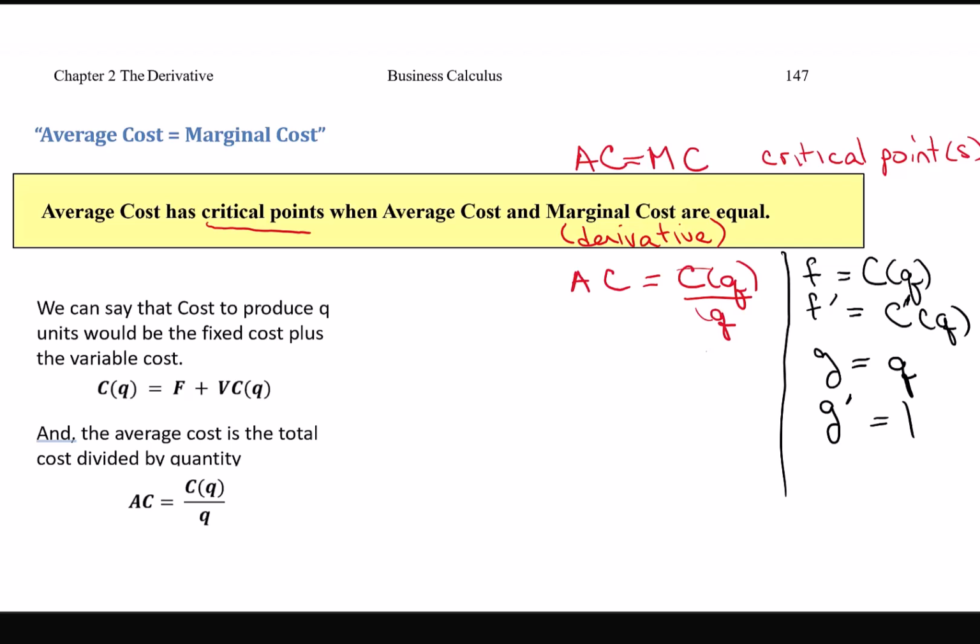And now I can use my quotient rule, which is F prime G minus G prime F over G squared.